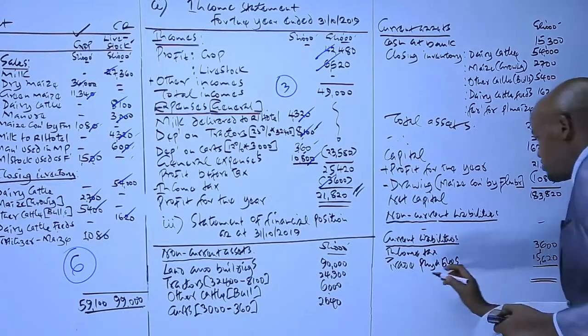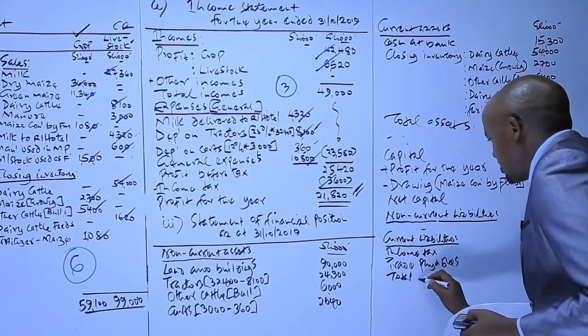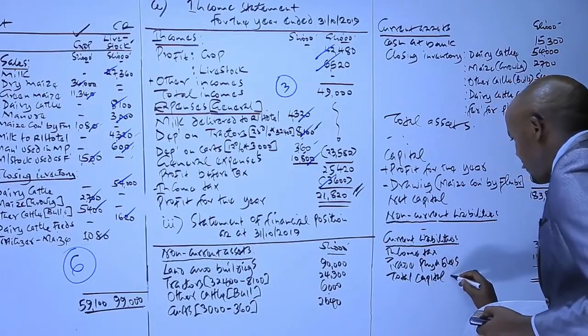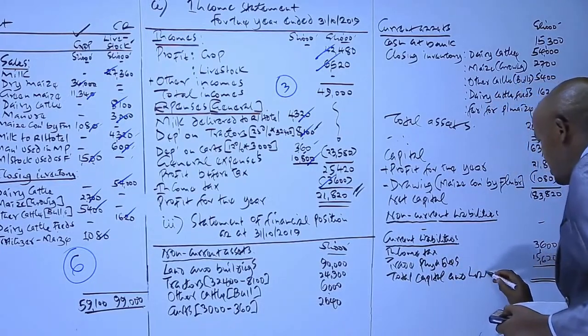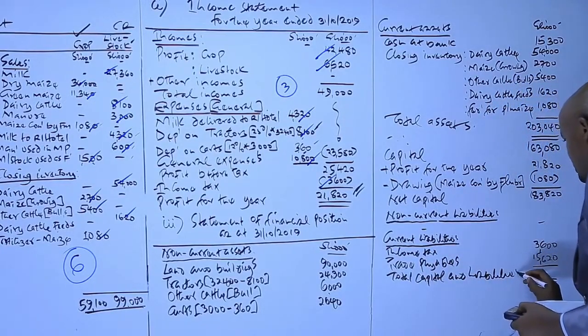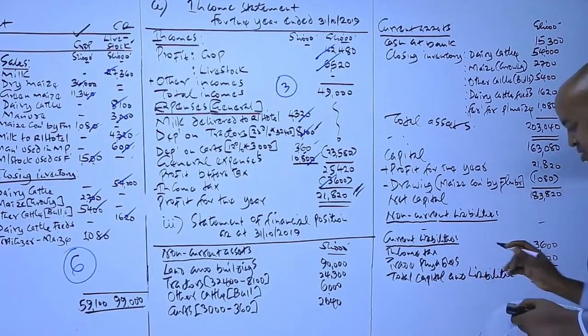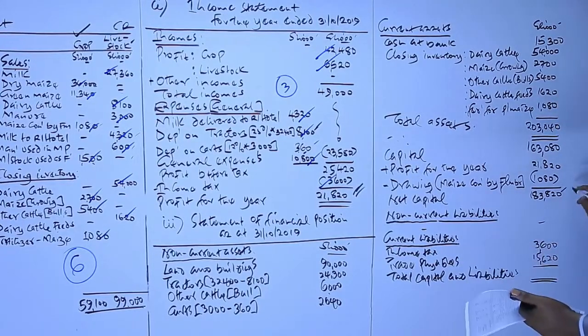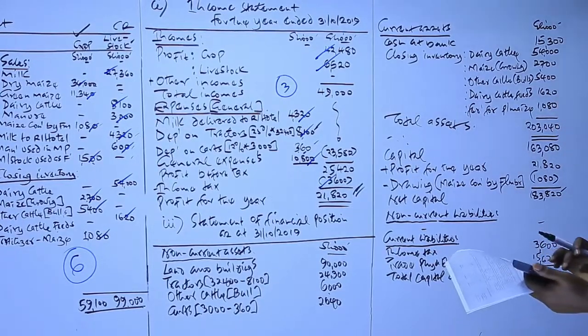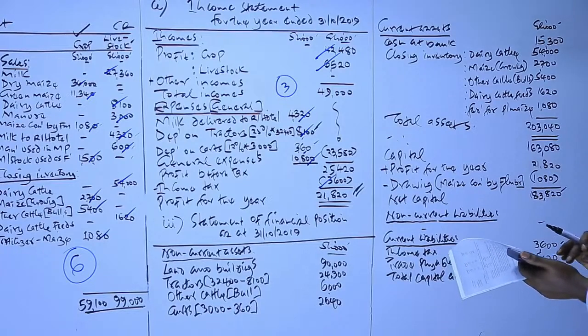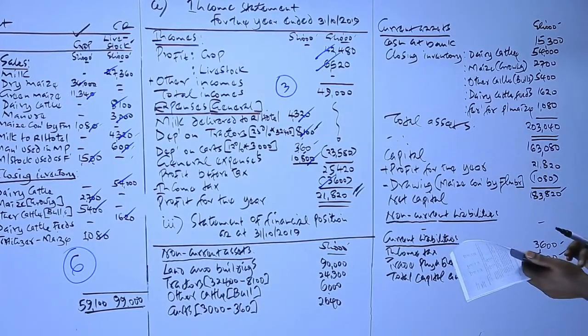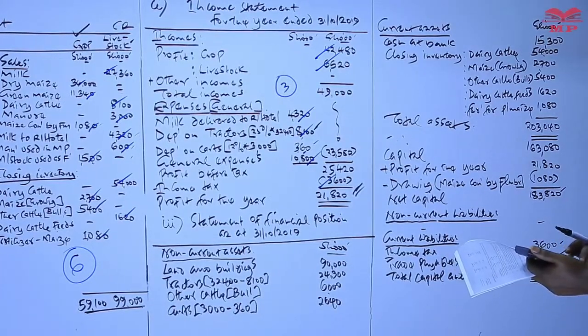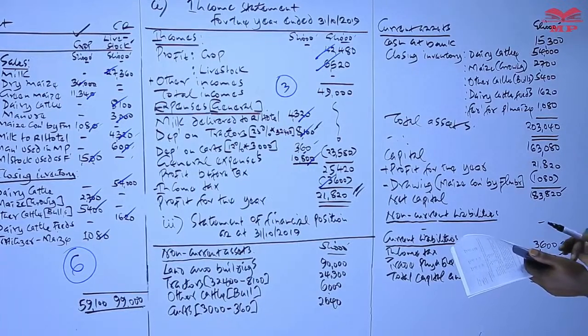We get total capital and liabilities. So we add those three items: 183,820 plus 3600 plus 15,620.